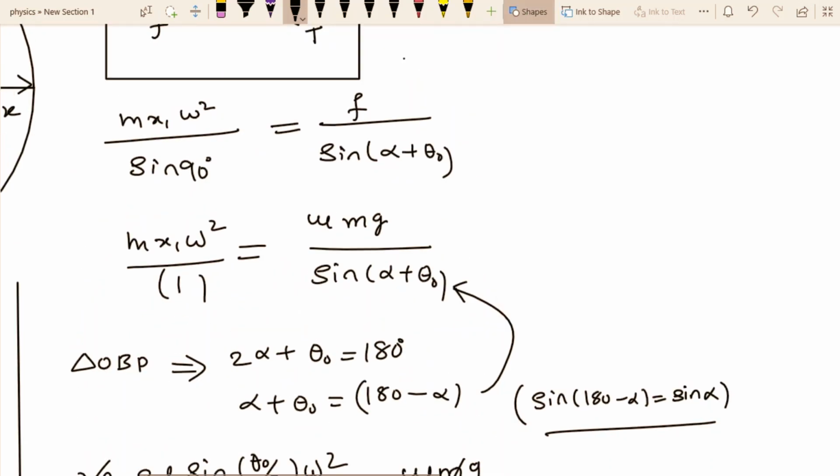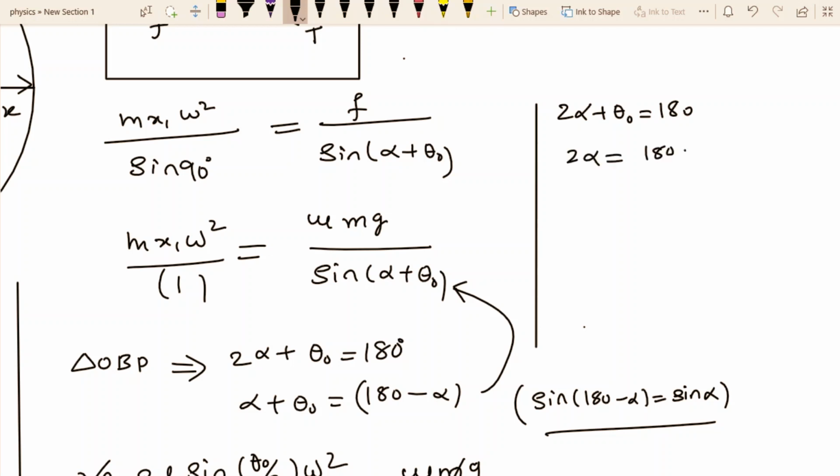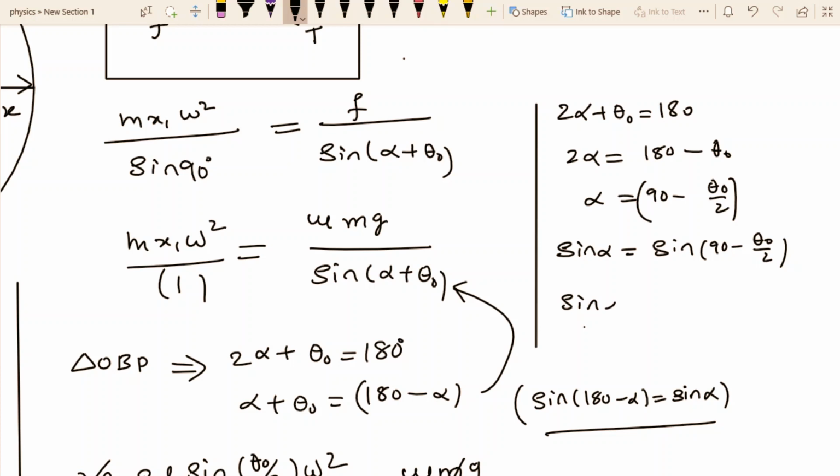Now see here, we already know one point. You can clearly see this: 2 alpha plus theta naught is equal to 180, and 2 alpha is equal to 180 minus theta naught. Alpha is equal to 90 minus theta naught divided by 2. Apply sine on both sides, so you can write sine alpha is equal to sine of 90 minus theta naught by 2, which is cos theta naught divided by 2.